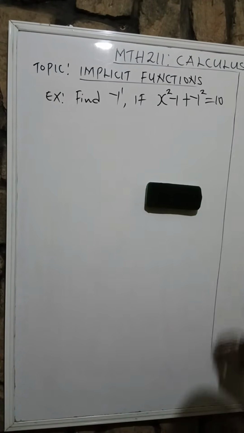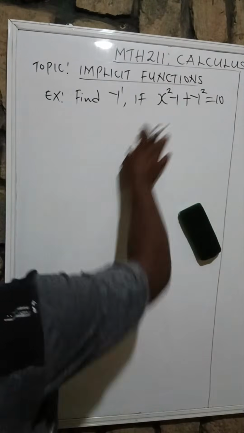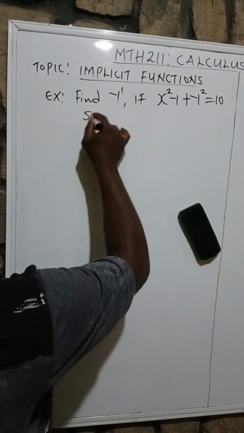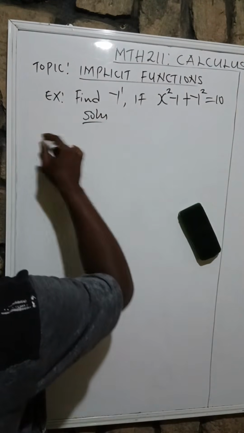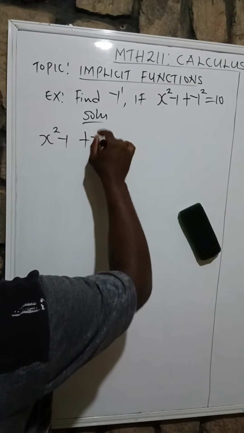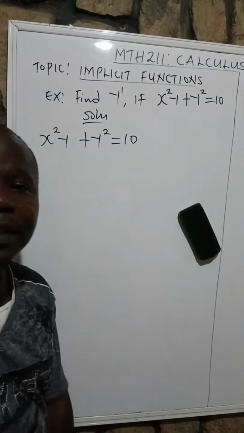So far, so good. So now we are asked to differentiate this implicit function. So we write the solution. Our x squared y plus y squared equals 10. So what next?